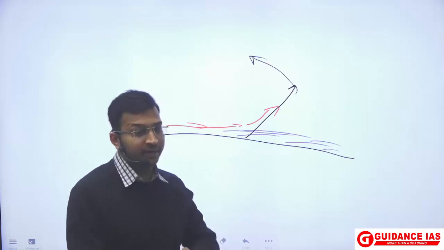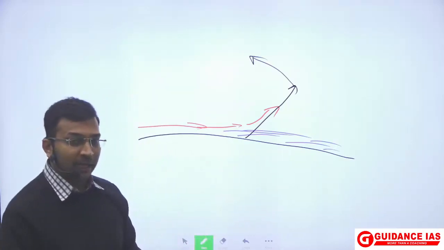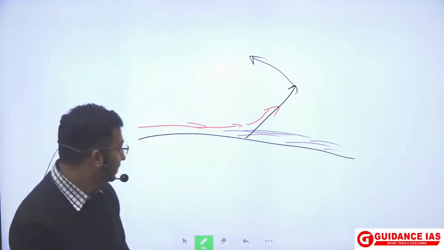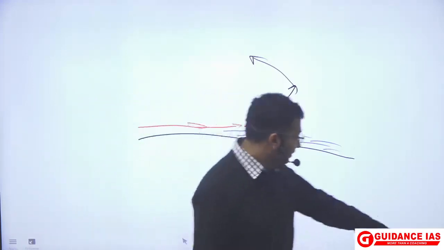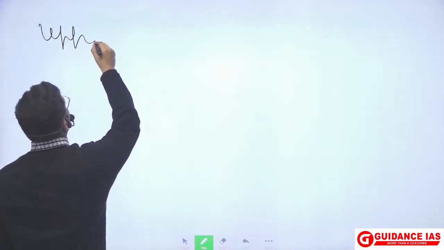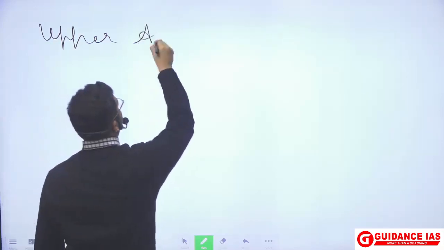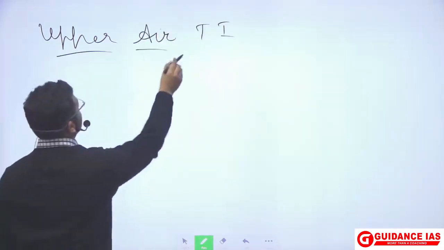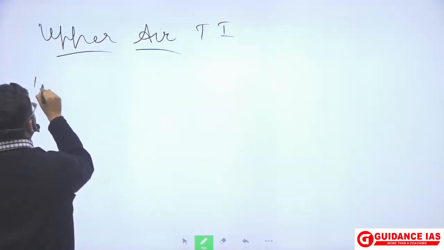Now let's move ahead with the subtypes of upper air temperature inversion. There are basically two subtypes of upper air inversion.